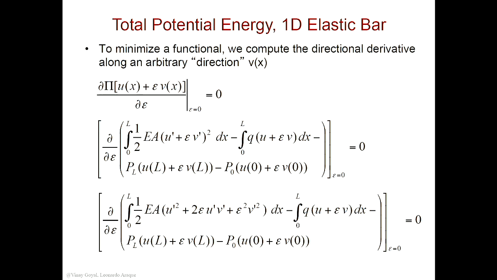Could you explain again why you set up the equation u plus epsilon v? Right. So your question is why I have made this u into u plus epsilon v. What I'm doing here is a Taylor series expansion about epsilon, okay? And I'm searching for which function is the one that minimizes the total potential energy.